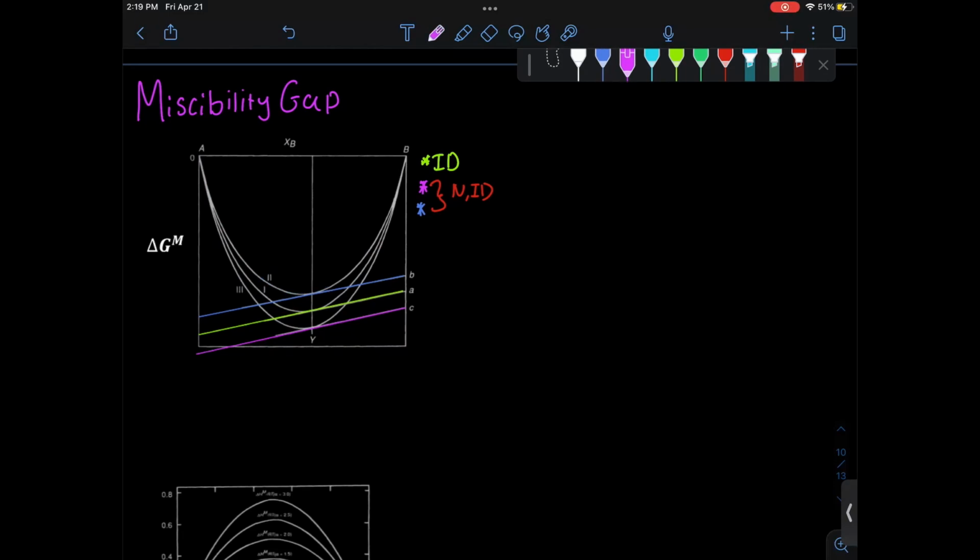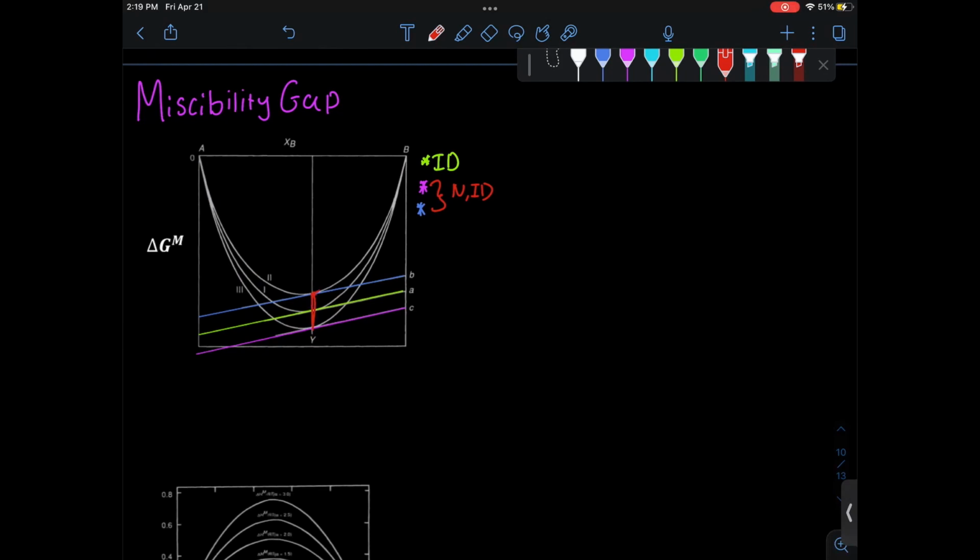Now, if we decide that we want to investigate the partial molar Gibbs free energy of each model, what we can do is exactly what I did here, at whatever composition I want. I could have done this at any point, but I'm going to do it right here when we're in equilibrium at the minimum.